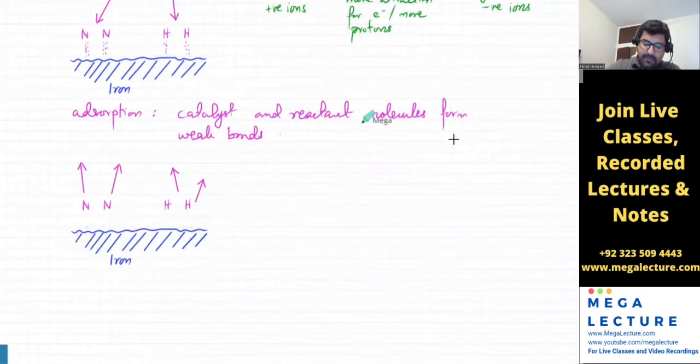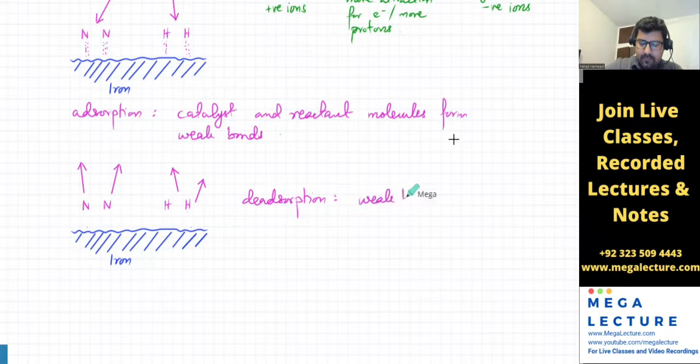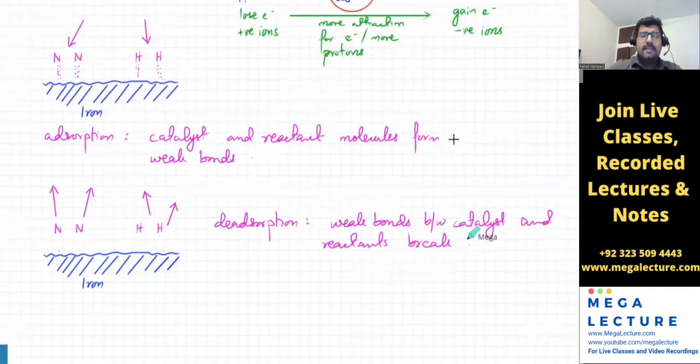And that's known as desorption. Desorption is exactly the opposite: the weak bonds between catalysts and reactants break. And this is how activation energy is reduced.